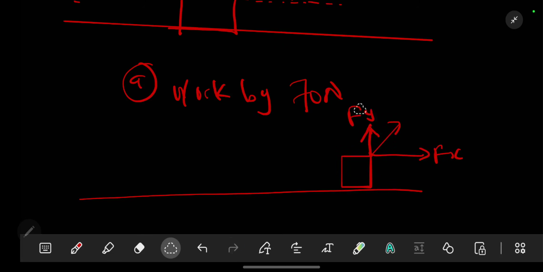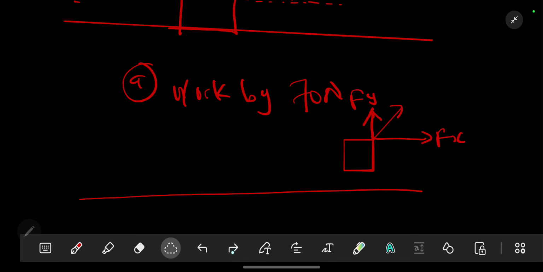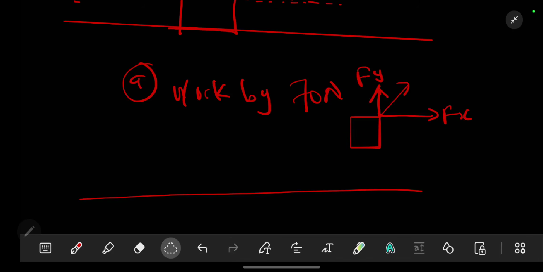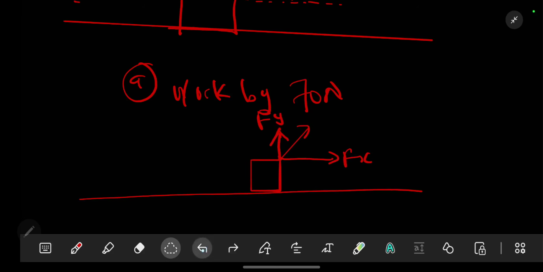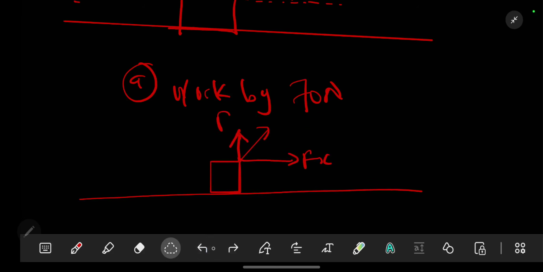There is no work in the y direction, because it is not losing contact with the surface. Unless we had something like this where it's leaving the surface, then there could be work in the y direction, which is not the case. It is only moving along the horizontal. It is not losing contact. That means all its work is in the x-axis.